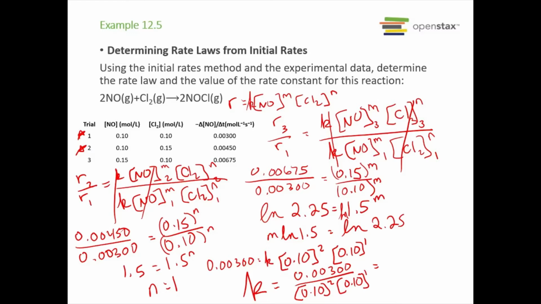Oops, 0.003 divided by 0.1 divided by 0.1 divided by 0.1, and we get 3.0.